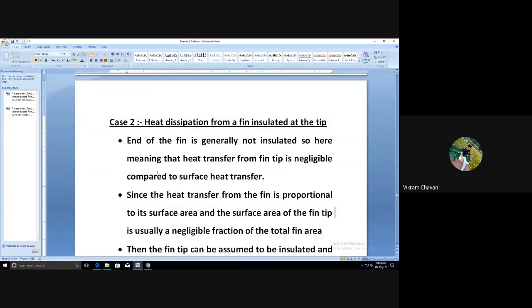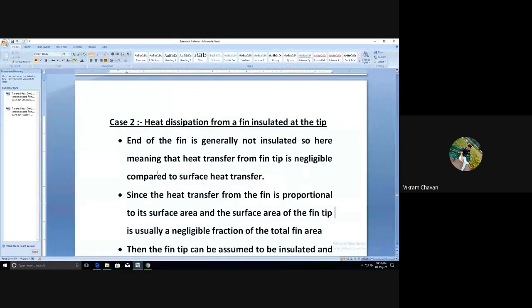That is our second situation, case number two, and by considering that, we are going to apply the second boundary condition.